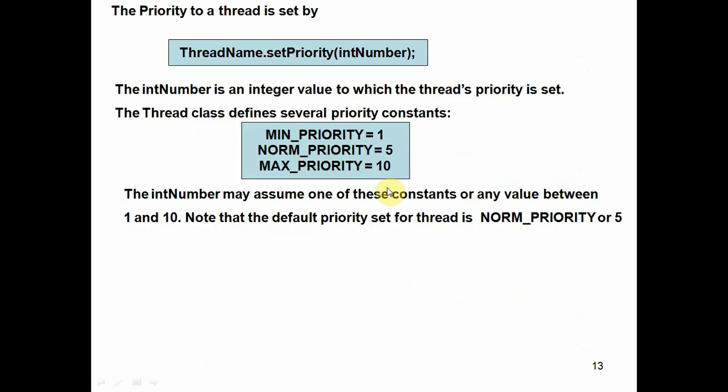Java provides 3 thread priority constants: min priority, normal priority, and max priority. We can set the priority for a thread by using the setPriority method, giving a priority constant, either 1, 5 or 10, or these constants. By default the thread priority is normal priority, which is equivalent to 5.